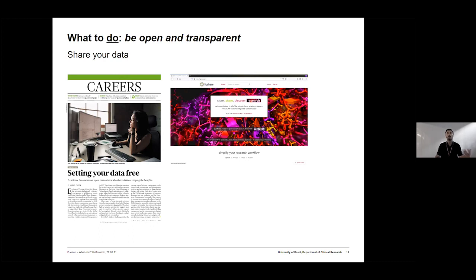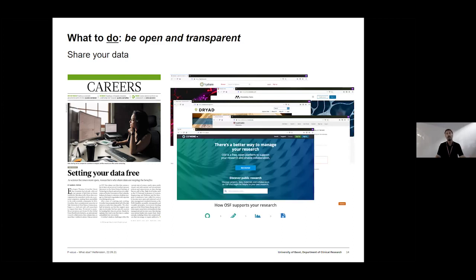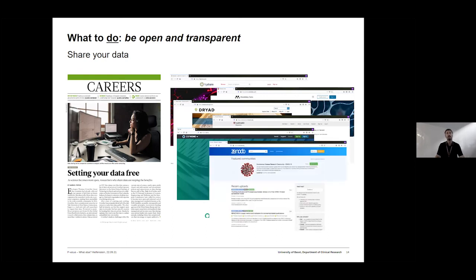So I'm not going to go through all those platforms, but several of them exist. Some are free, for some of them you have to pay a small fee. But again, if you get a grant, for instance, from a funding body, you can ask for some money to then upload your data on one of those platforms. So it's no longer an excuse not to have the money for this.